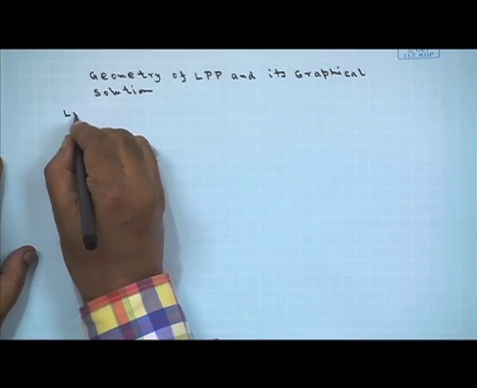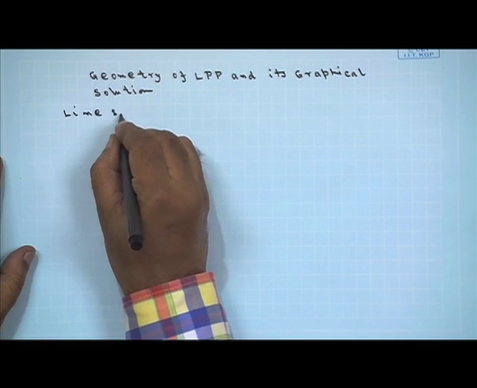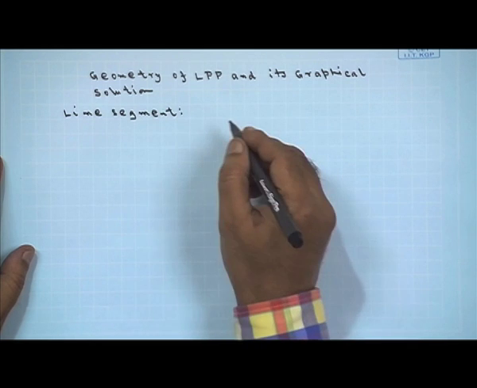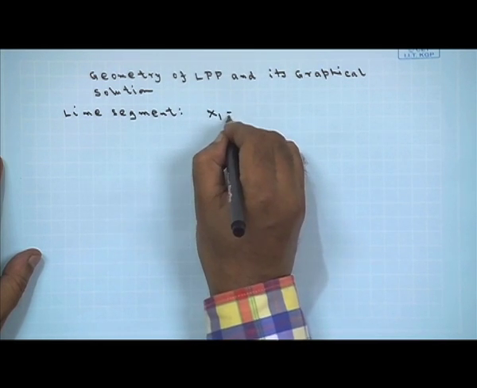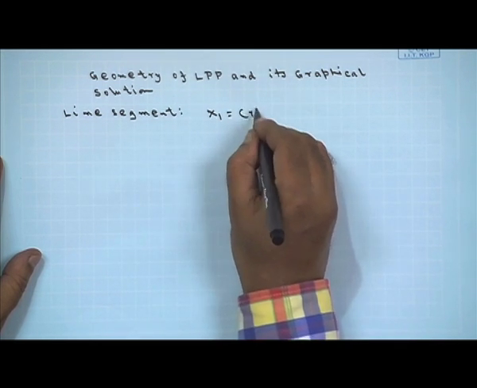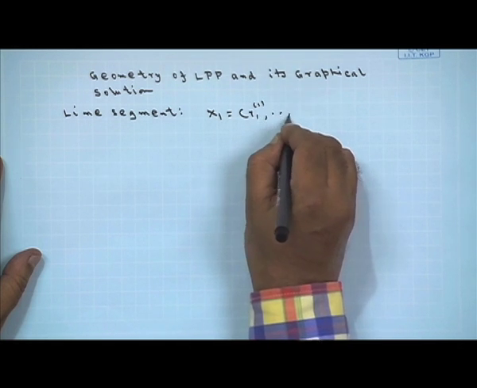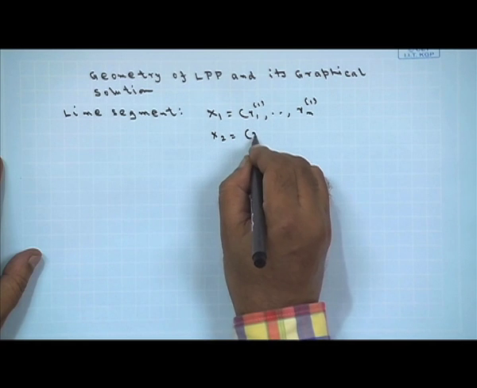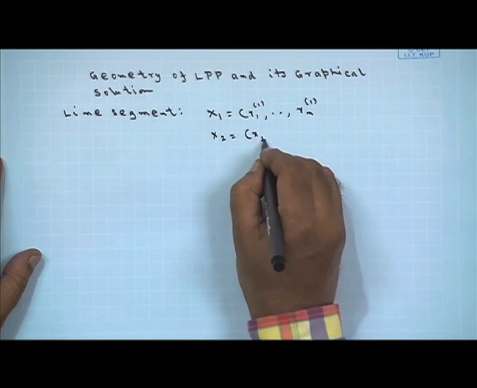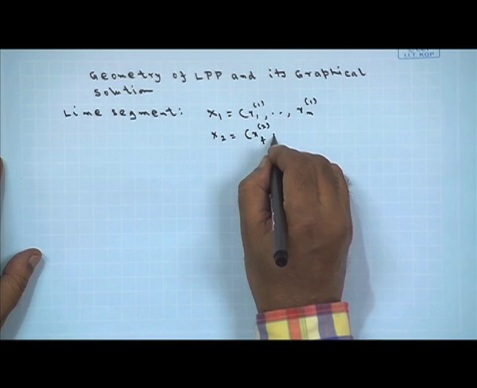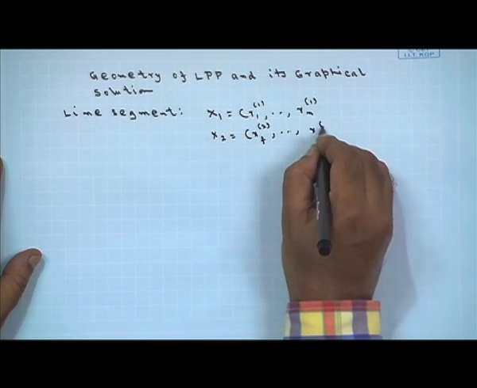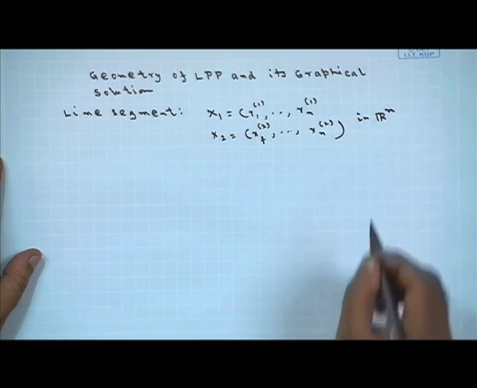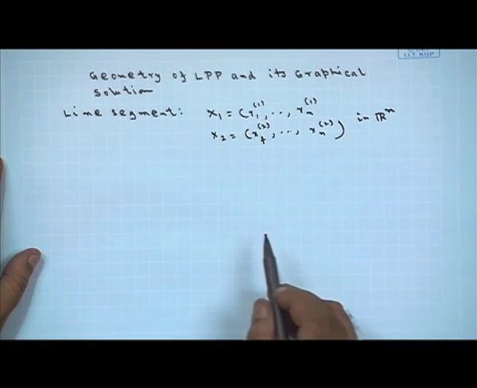First, let us go with certain definitions. One is line segment. Suppose you have 2 points in Rn, x1 equals (x11, ..., xn1) and x2 equals (x12, ..., xn2).